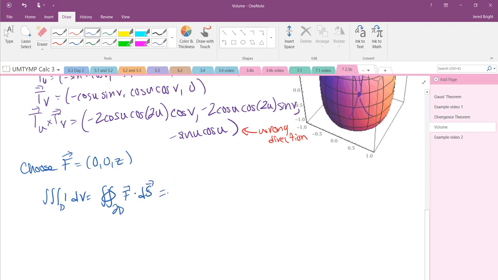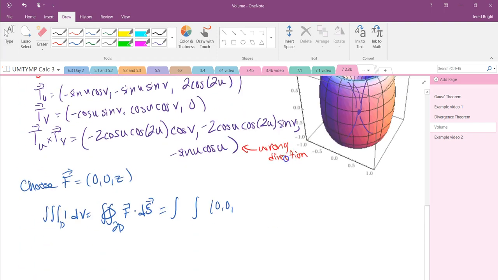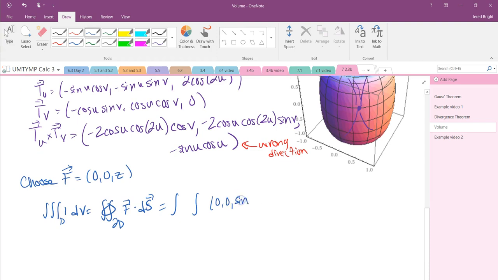When I do the composition, I would have (0, 0, sin 2u), and then I dot this with that whole normal vector.